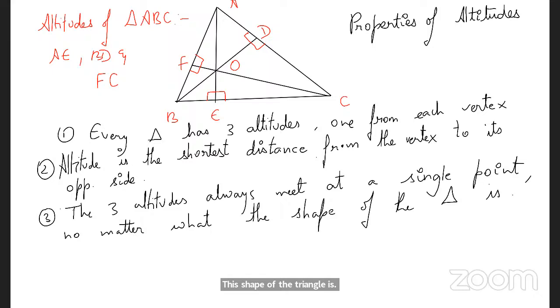Okay. And the point where the three altitudes meet is called the orthocenter of the triangle. It is known as the orthocenter of the triangle.